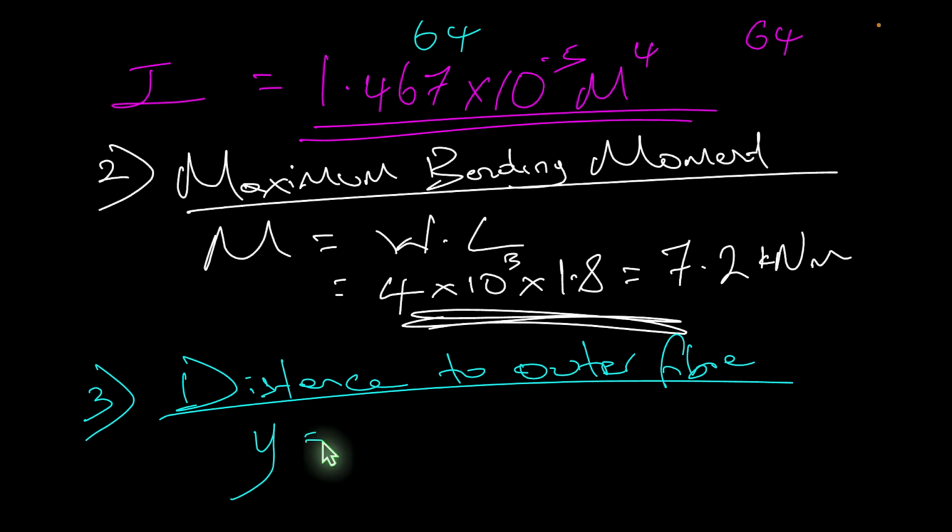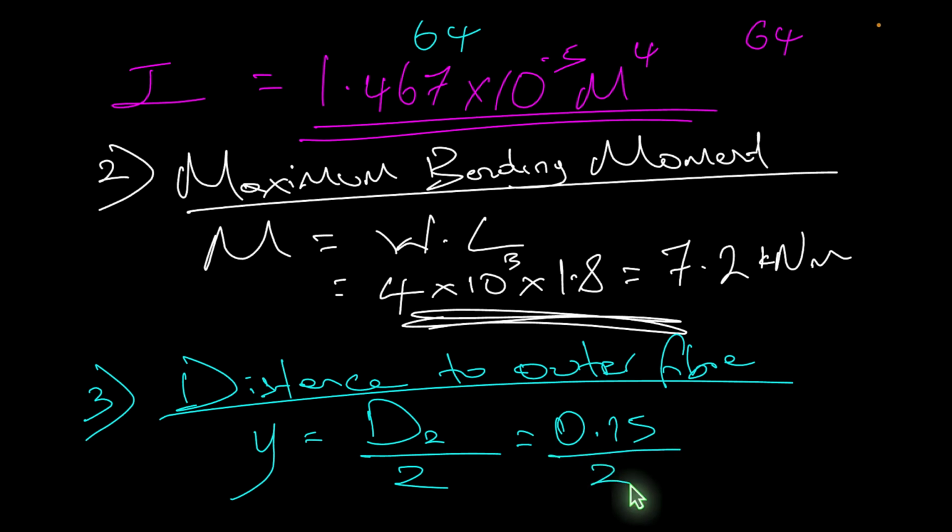So this is just going to be our outer diameter, d2, divided by 2. So we have 0.15 divided by 2, which is 0.075 meters. So that takes care of the y in the formula.